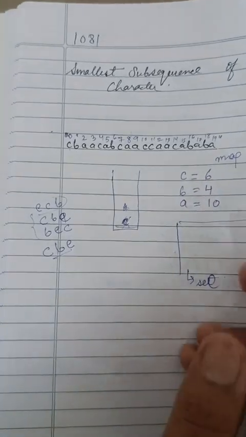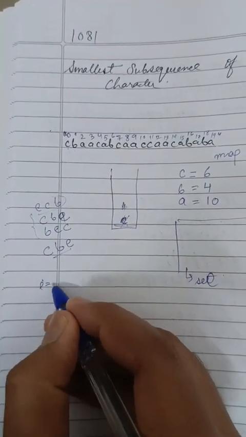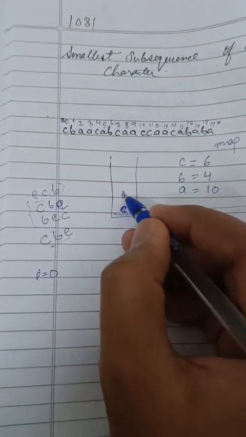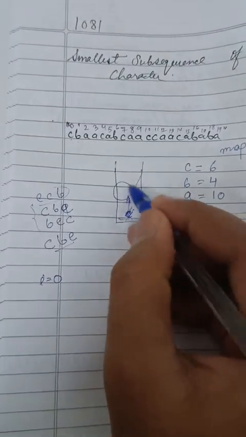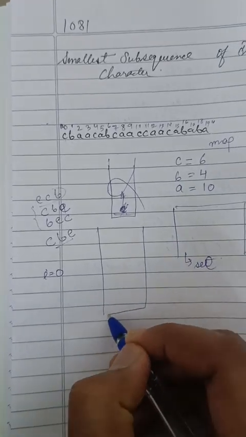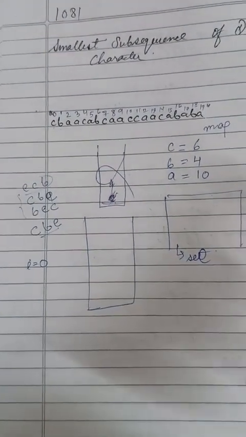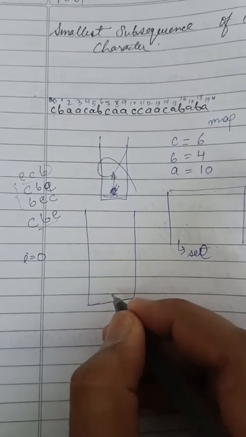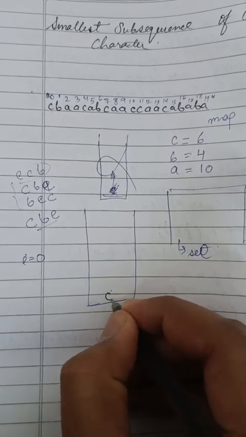Alright, first time i is equal to 0. If i is equal to 0 and the stack is empty, yes, I will just directly insert it. Okay, let's make another stack. So i is 0, the stack is empty, I will just push it inside it.